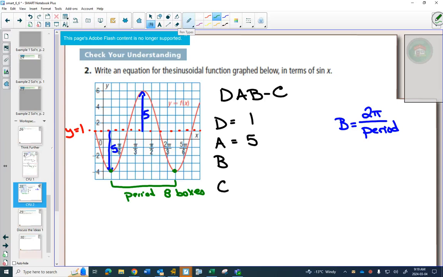If we can figure out what 1 box is equal to, and can you see that 2 boxes is already labeled for us at pi over 6? Does it make sense that 1 box then would be half of that, pi over 12? And if we counted our period was 8 of these boxes to go over, then our period would equal 8 times pi over 12, which reduces nicely to 2 pi over 3.